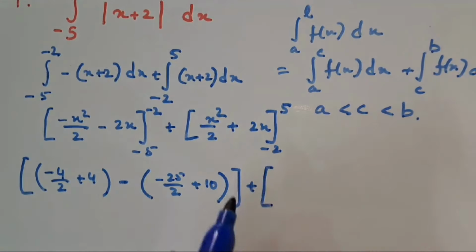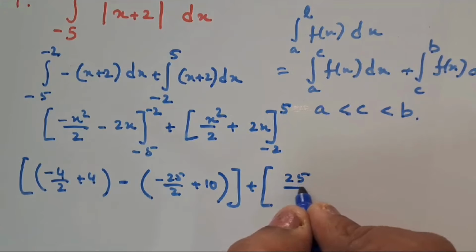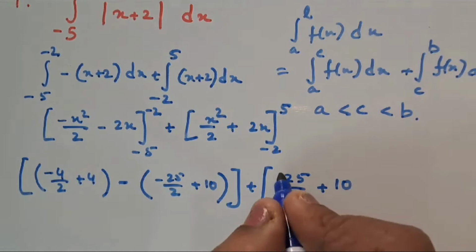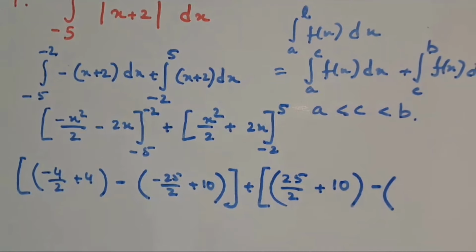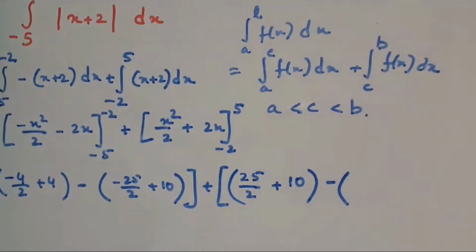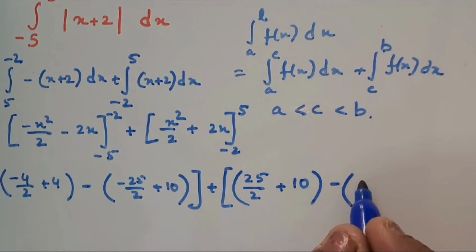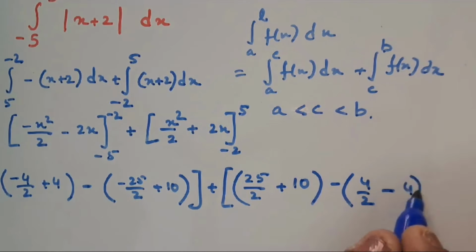Now for the next part again I am substituting the upper limit first, so that is your 25 by 2 plus 10. This is your upper limit minus the lower limit, that is your -2 I am substituting. So I am getting 4 by 2 minus 4.